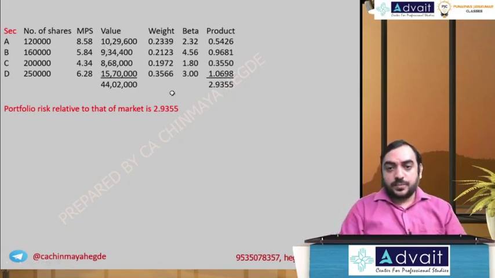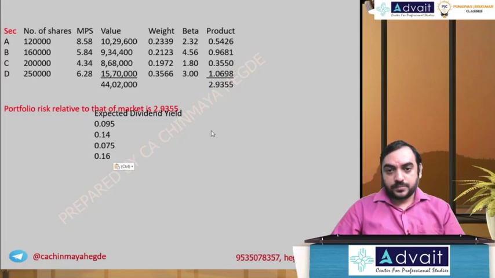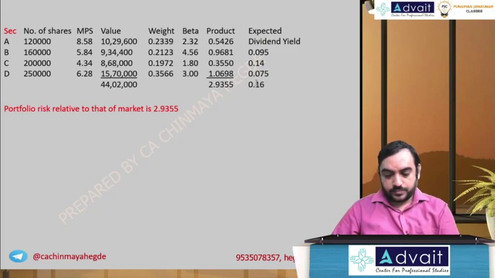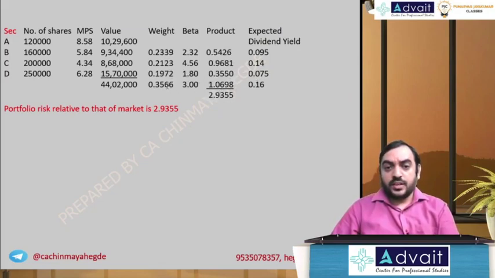So dividend yield, whatever returns are there, you can take as one column: expected dividend yield, just say yield percentage. That also you multiply by the weights. That will give the average return for the portfolio.